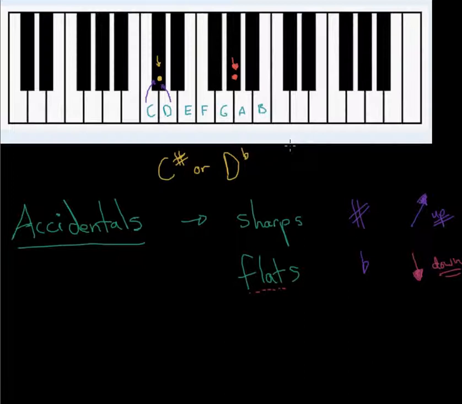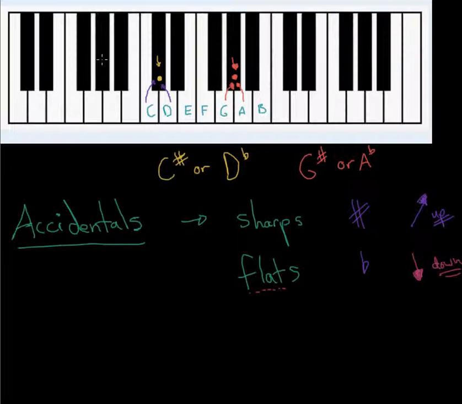Okay, so if you said G sharp or A flat, you would be 100% correct. G sharp, right? Or A flat. They're both, it's like a direction, right? It's pointing. G sharp points to A flat, it's this note, right? Okay, all right. So you've got that.